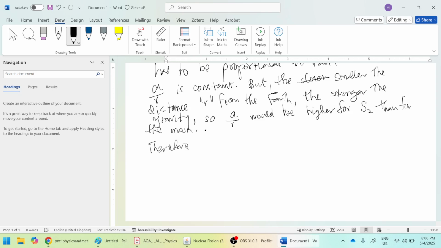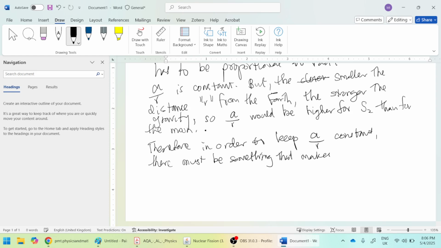Therefore, in order to keep a over r constant, there must be something that makes the resultant gravitational field lower at S2.